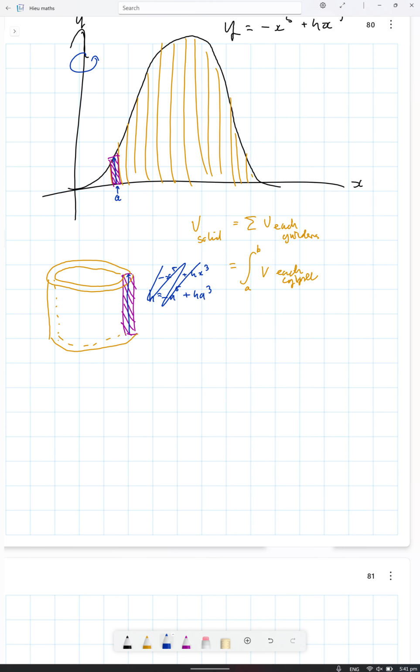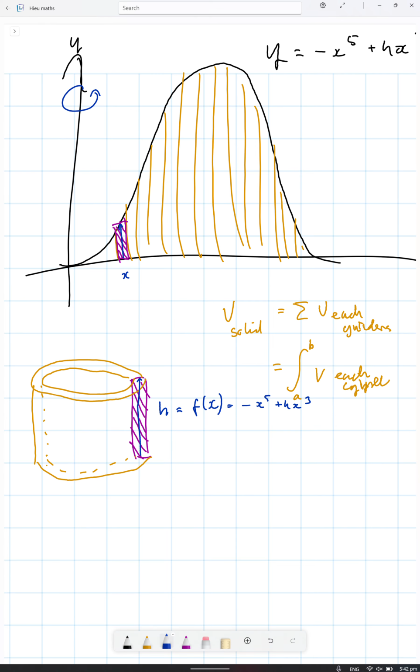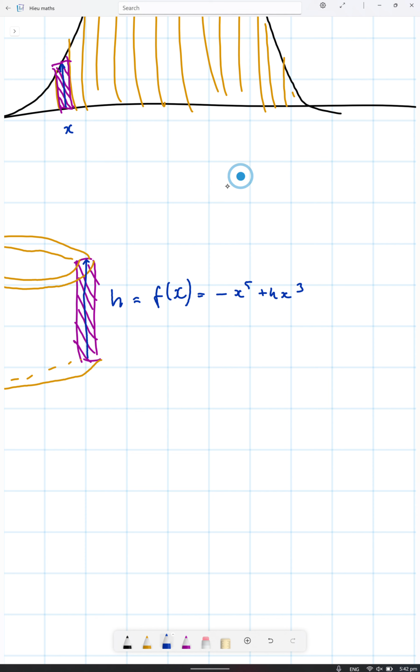The point is that the height of the cylinder is equal to the equation at that point, which is y, or f(x), so that's just minus x to the 5 plus 4x cubed. Okay, let's delete this. So now we have the height.